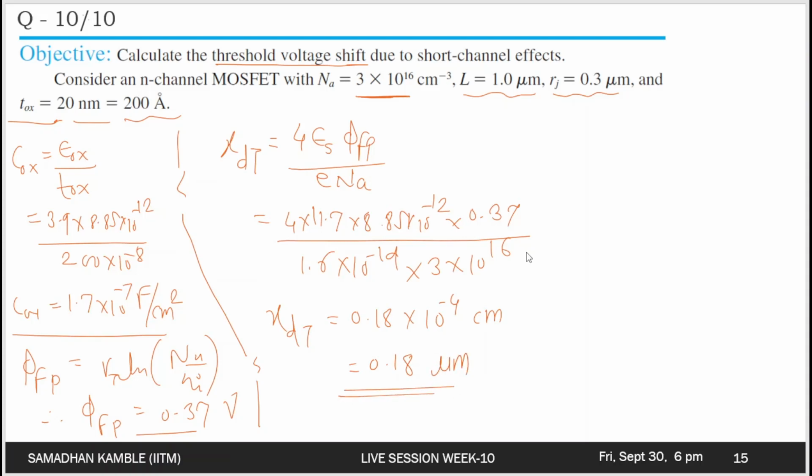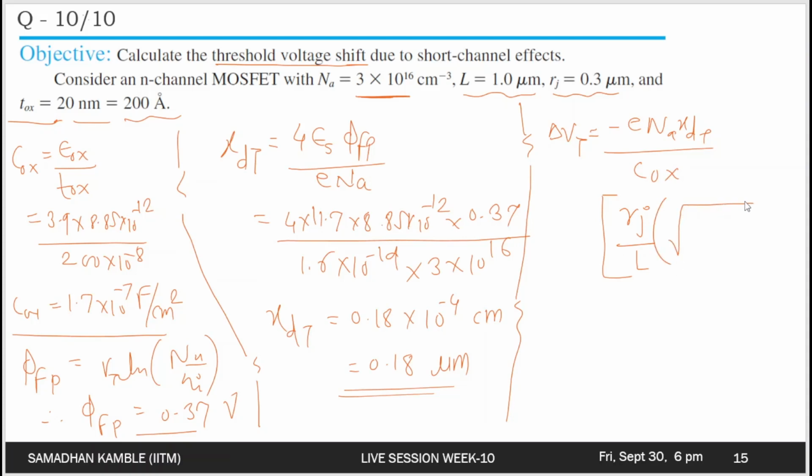Okay, now we have the parameters. We can substitute in the expression of delta Vt, and that is as follows. Delta Vt is nothing but minus of q Na x dt over Cox, times Rj over the channel length, times under root 1 plus twice x dt over Rj, minus 1.